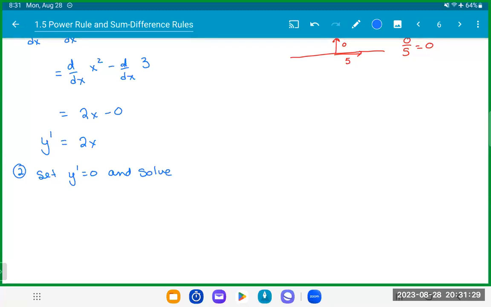So this gives me 0 is equal to 2x. So divide both sides by 2, and I get that x is equal to 0. So the horizontal tangent line will occur when x equals 0.